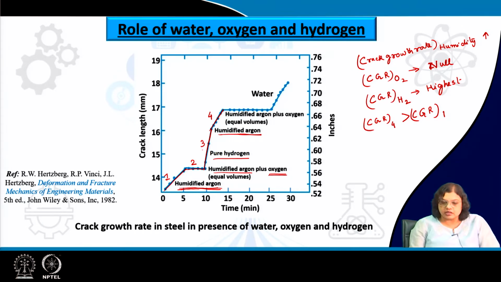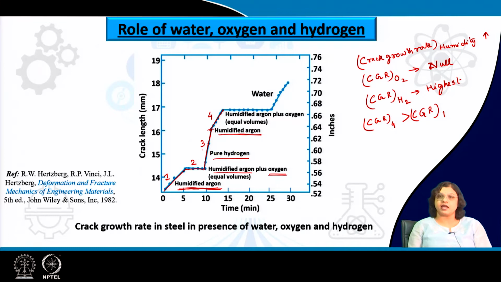Okay. Now, this is particularly because the crack has already grown to this extent. While it was initially starting from let us say 12 or 13 millimeter, it has now come to around 16 millimeter. So, it means that the length of the crack has increased, and we also know that the crack length is directly proportional to the stress intensity factor at the tip of the crack, right. We have seen that K is equivalent to root over pi a, or as a function of root over pi a.